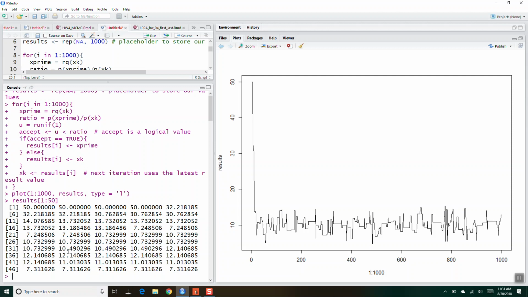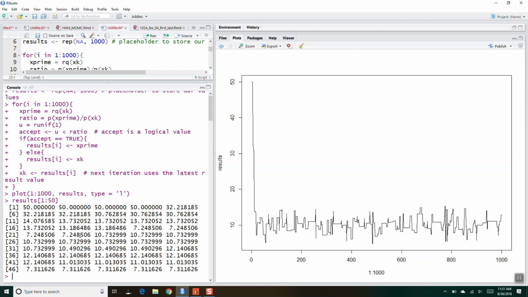Because again, the goal of the Markov chain is to produce values that seem reasonable, or values that come from the target distribution, okay? And if we let this run long enough, then yes, indeed, the results would converge to the target distribution. That's the ergodic theorem.